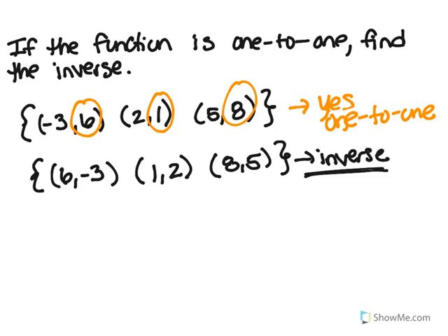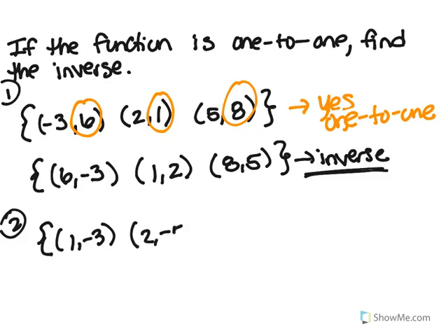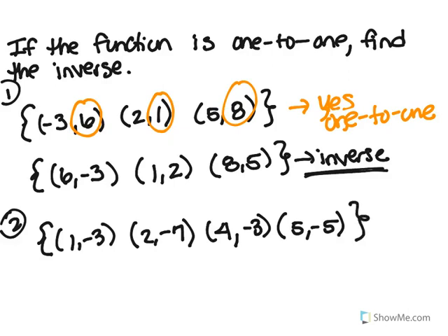So what if you had the ordered pairs 1, negative 3, 2, negative 7, 4, negative 3, and 5, negative 5?